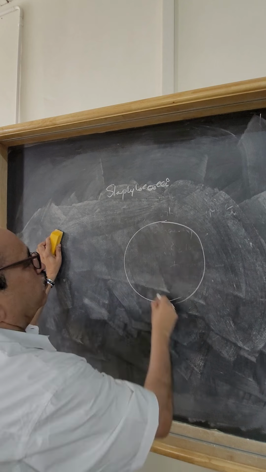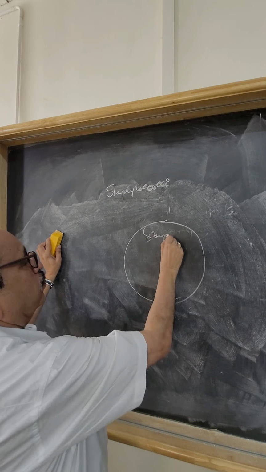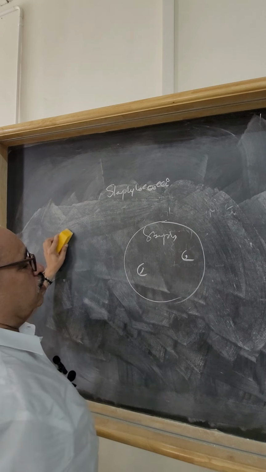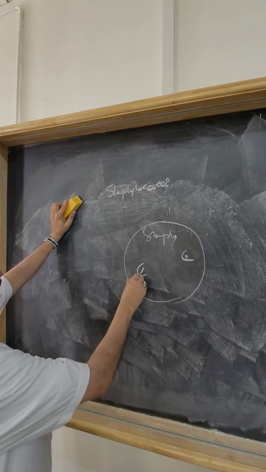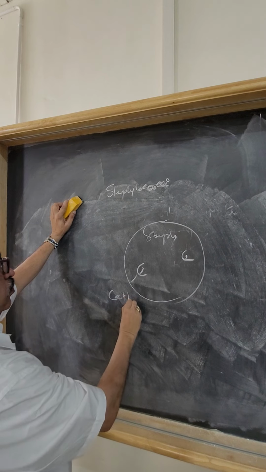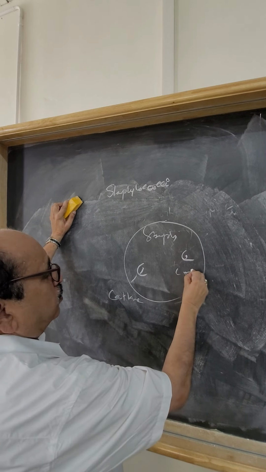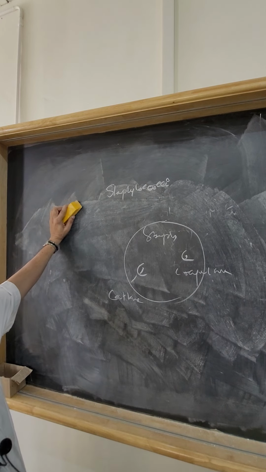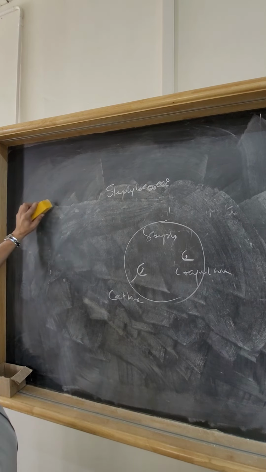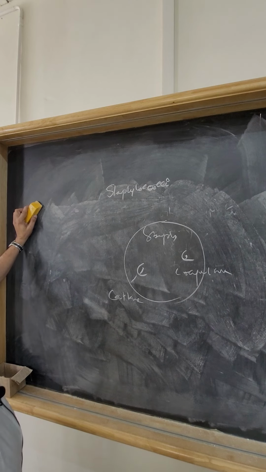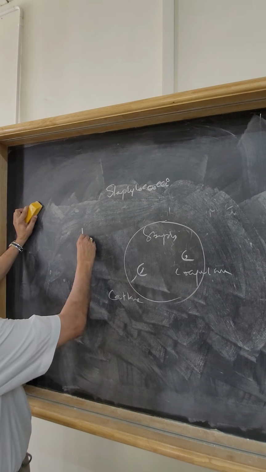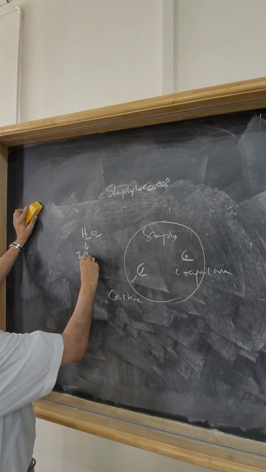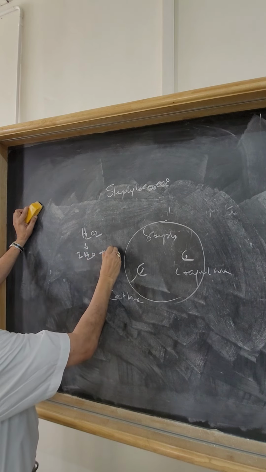So you should remember staphylococci for two C's. What are these two C's? One is catalase, another is coagulase. Catalase is an enzyme produced by staphylococci which converts hydrogen peroxide into water and oxygen.